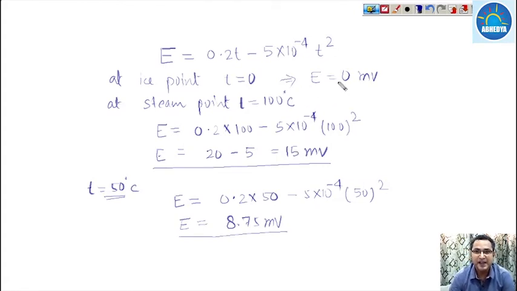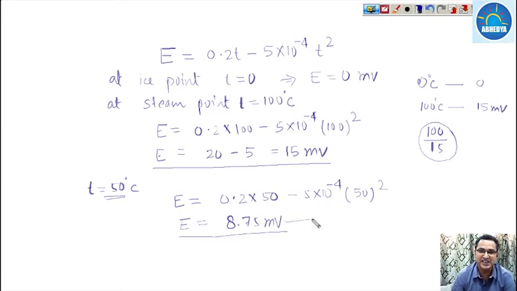Now see, at 0 degree centigrade the induced EMF was 0. At 100 degree centigrade, the induced EMF was 15 millivolt. So per millivolt, that is 100 upon 15 degree centigrade, is calibrated. Is that okay? So with respect to this 8.75 millivolt, how much will be the temperature?